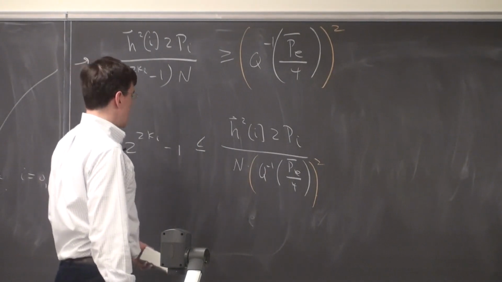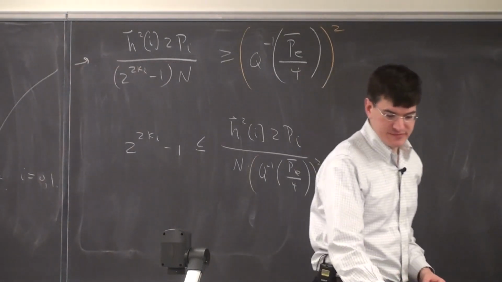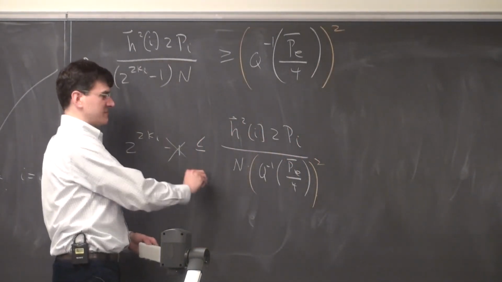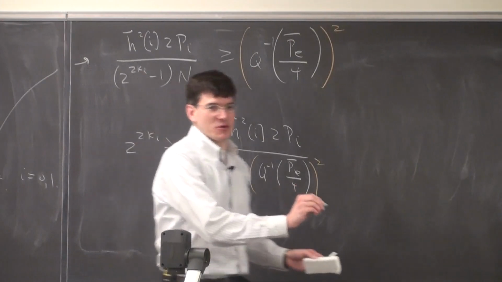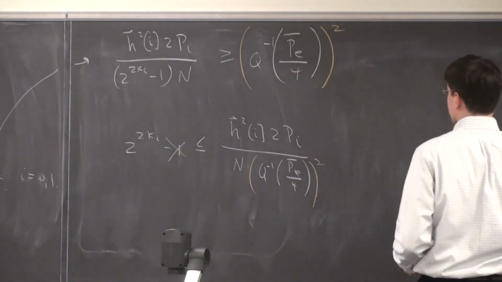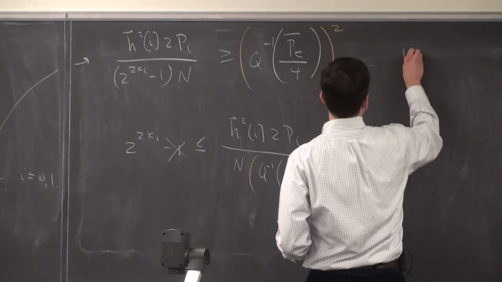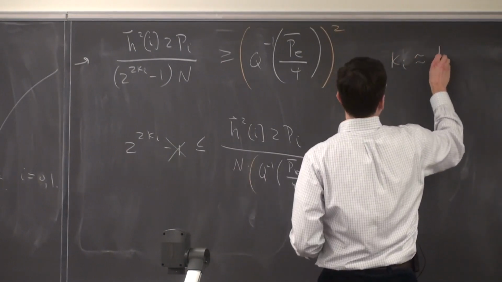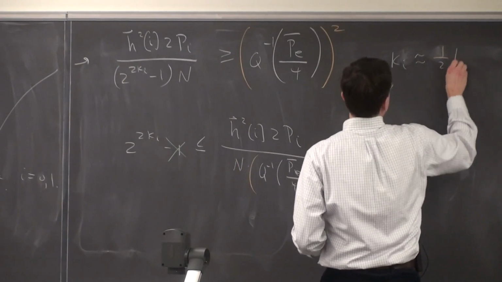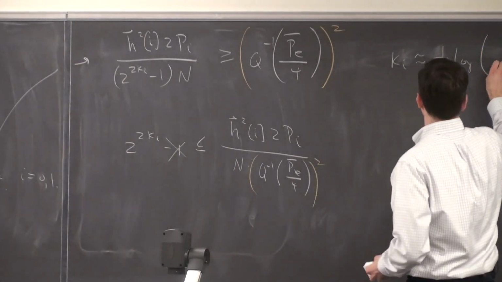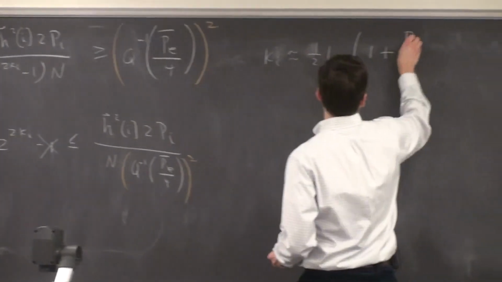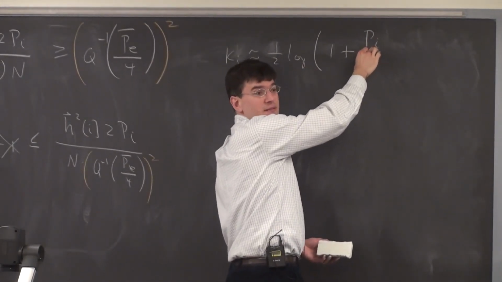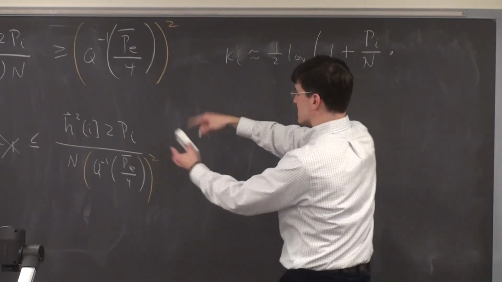Another approximation. Ready? I'm just going to ignore the 1. So what you get is Ki should be about one half log of the SNR over the ith sample, Pi over n, times a bunch of stuff.